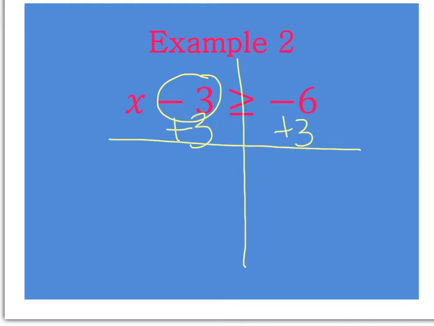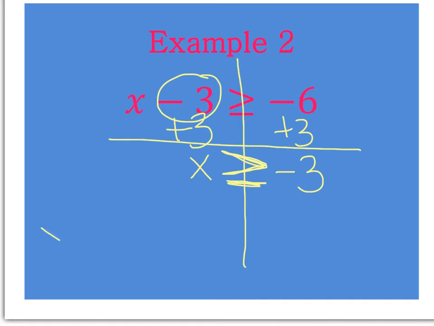So now when we add 3 to both sides, we have x is greater than or equal to -6 plus 3, which gives us -3. When you have that equal to, that means that -3 will make this a true statement, as well as any number that is greater than -3.